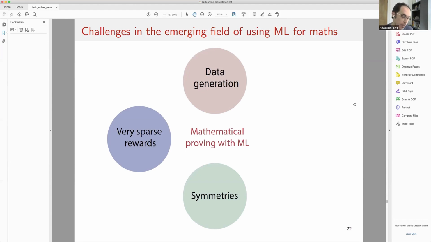It will start learning something, but only after a very long time. And the last thing is that you have very large action spaces. In this case, for example, we had action spaces which are quadratic in the number of elements in the memory. So it can get very large very quickly. That's one of the big challenges we need to address in the field of machine learning for mathematics.